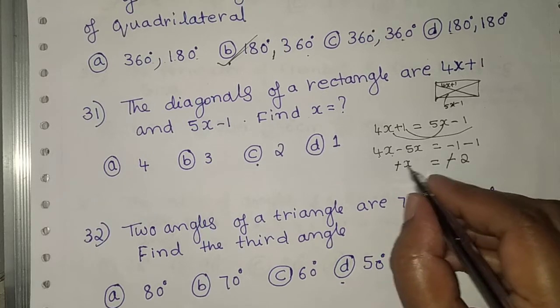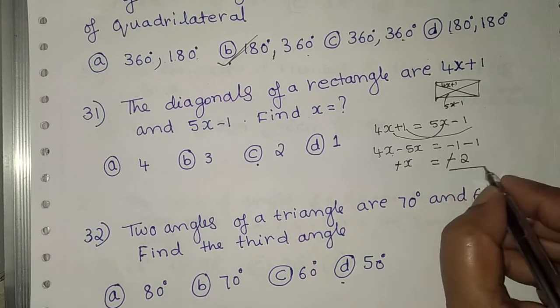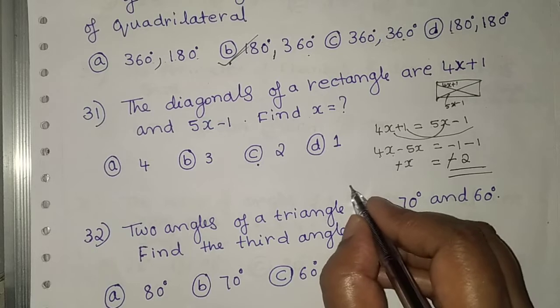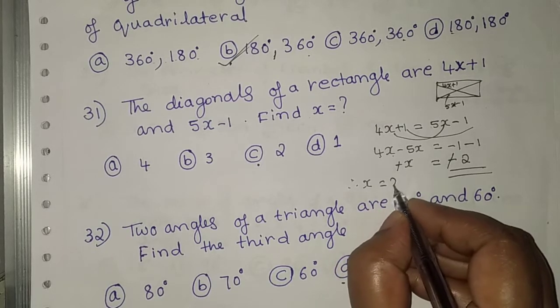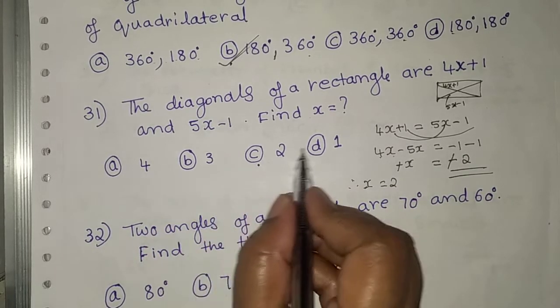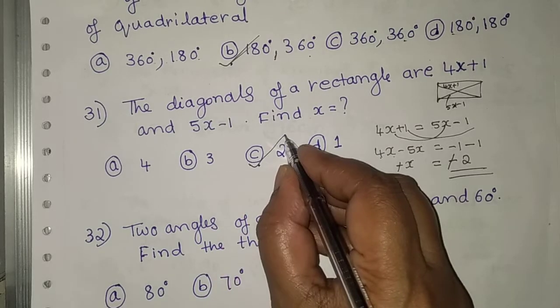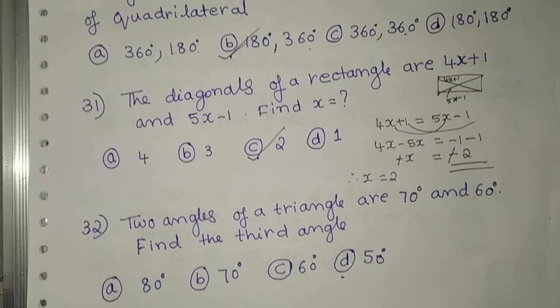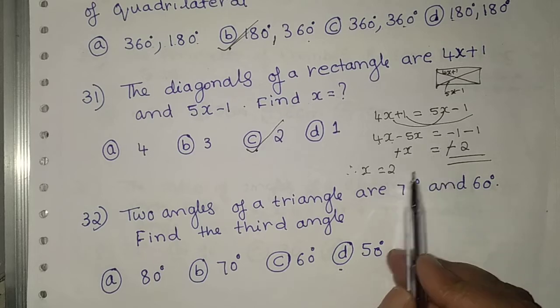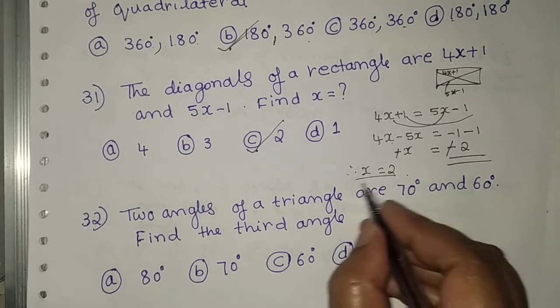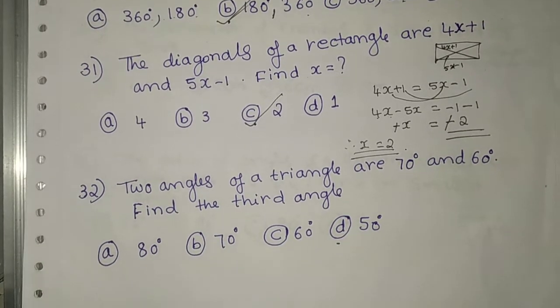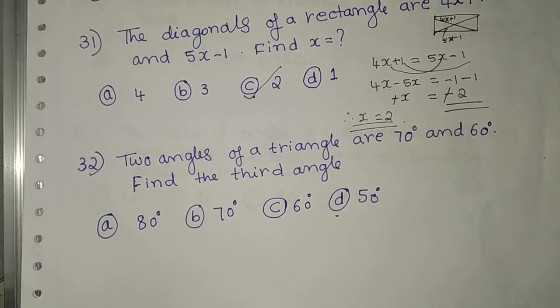Therefore the minus signs cancel, and we get x is equal to 2. Finally x is equal to 2, which is the option here. There are 4 options, so this is the correct answer. Just solve the equations, then we'll get the x value. So this is the 4th one. Then we move on to the 32nd.